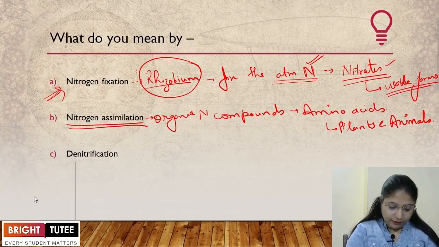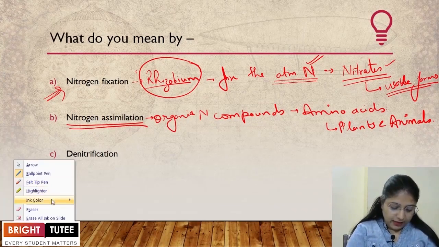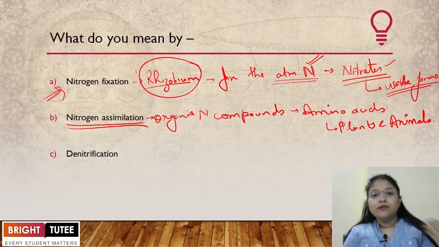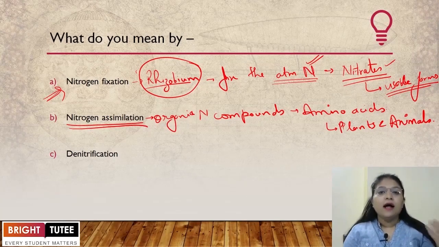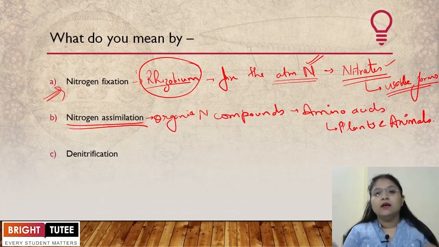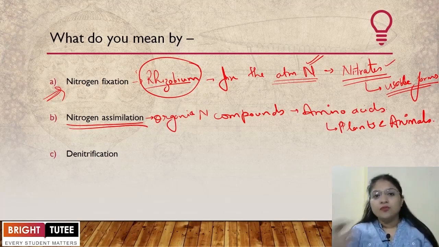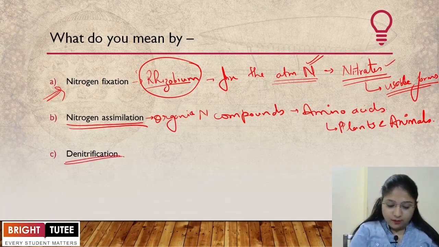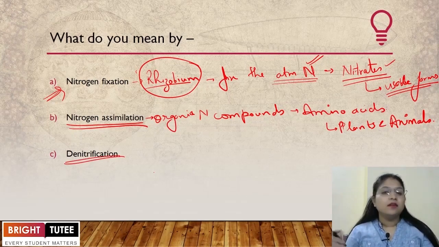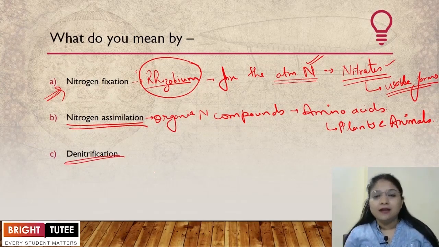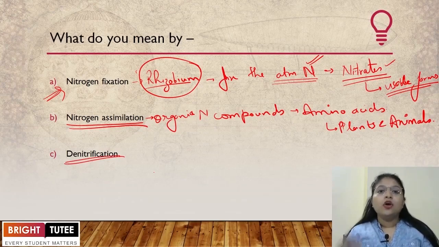Then you have denitrification. Now what do we understand by the term denitrification? Understand, students, whenever there is a utilization of a mineral, it is very important that the mineral has to be replenished. That means whatever mineral has been utilized by the plant or the living organism needs to go back, because there needs to be a balance between what is being utilized and what is being replenished. So denitrification is the process where there are certain kinds of bacteria which we call the denitrifying bacteria, and the decomposition which happens.